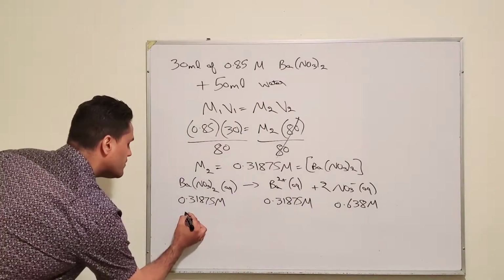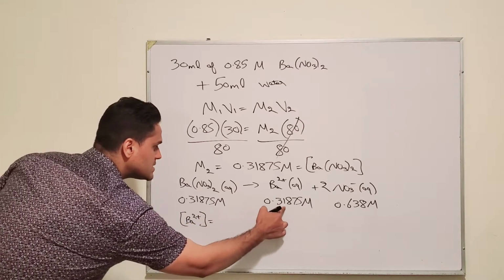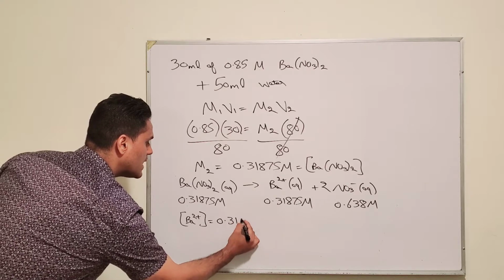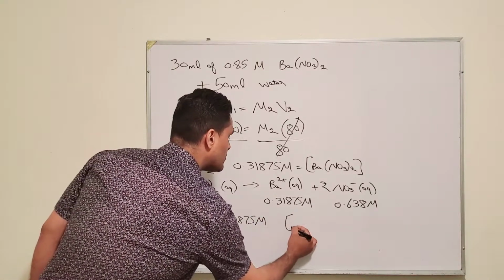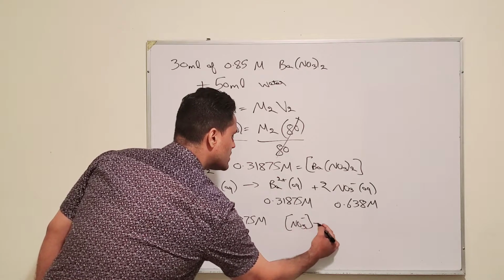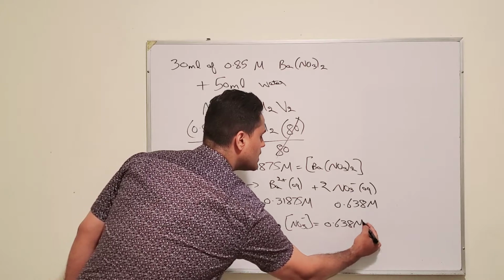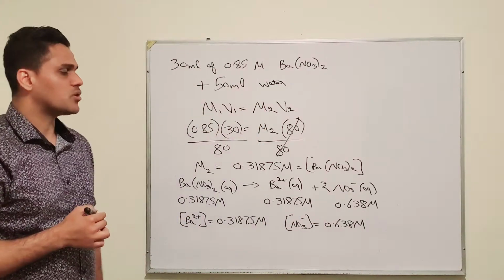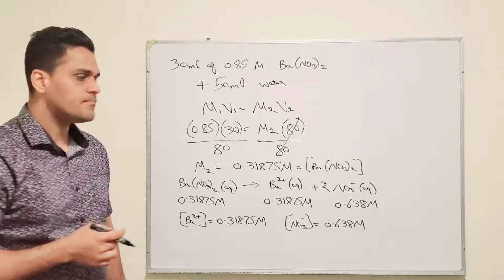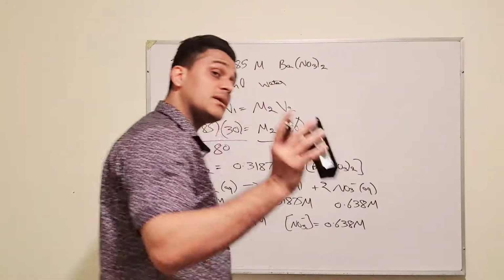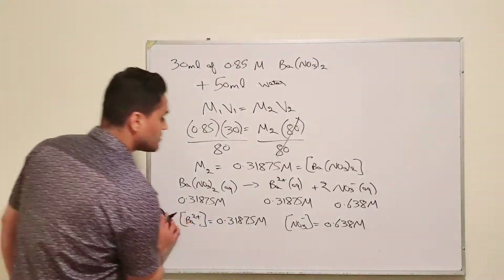So we can say our concentration of Ba2+ is just 0.31875, and my concentration of NO3 minus is 0.638 molar, okay? And that's how you're going to do these dilution questions, okay? Now next up is going to be a more challenging dilution question, okay? I want you guys paying attention.